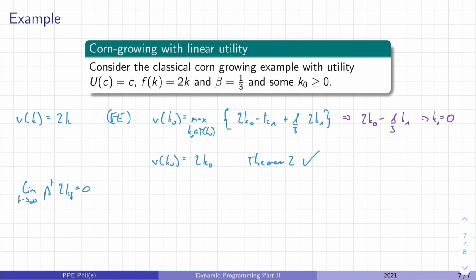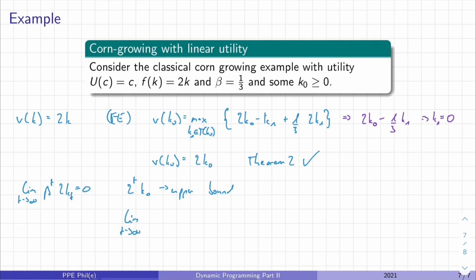The upper bound is not consuming anything and postponing consumption forever. If we don't consume anything, the maximum value we can reach is 2 to the power of t times k0. That is the upper bound. So does the growth condition hold for the upper bound?